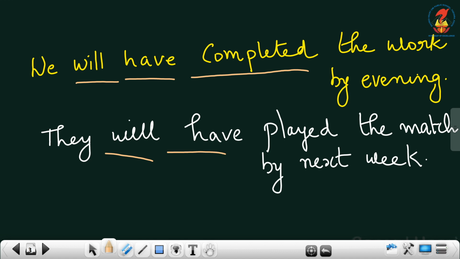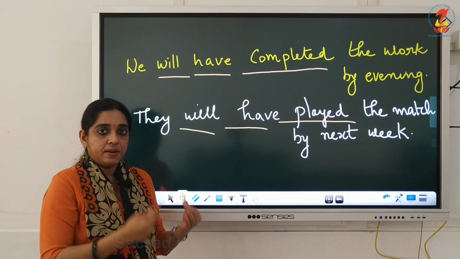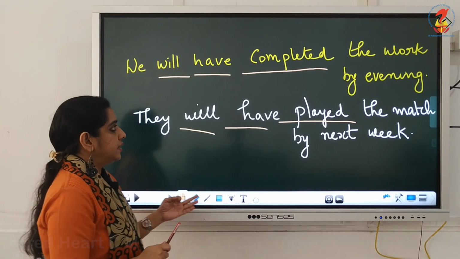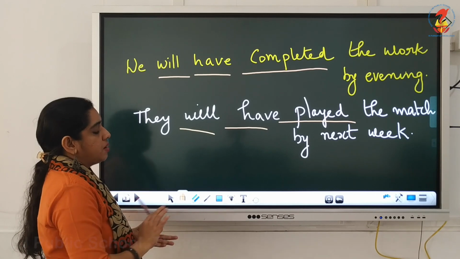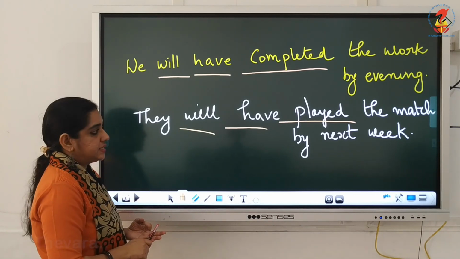Will plus have plus past participle form of the verb play. Play present tense, played past tense, then participle form is what? Played itself. Okay, these are the constructions, these are the forms of verbs in future perfect tense.